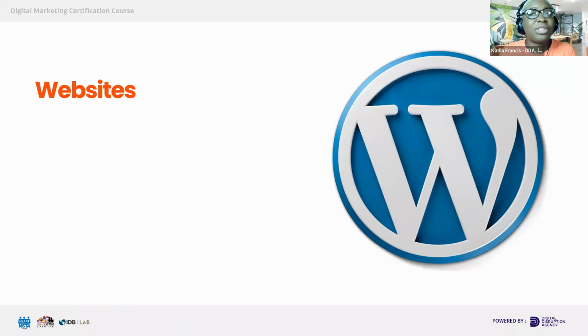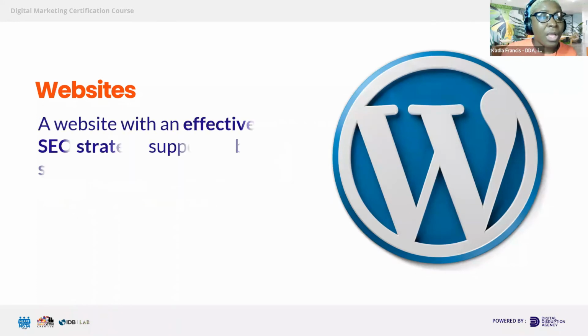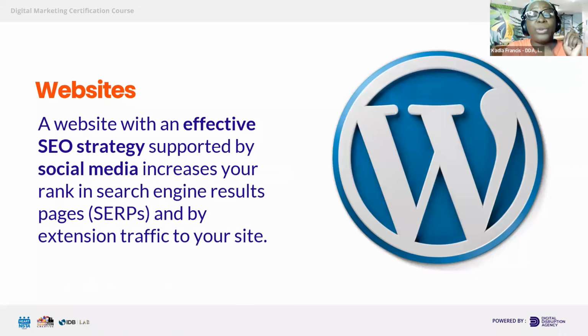And your domain name is whatever comes after the www. Now, a website with an effective SEO strategy supported by social media and other digital platforms, I should say, can increase your search engine rank, right? Which means that you'll get more hits in the search engine results pages and increase traffic to your site.